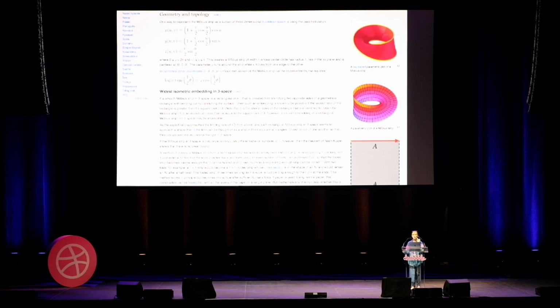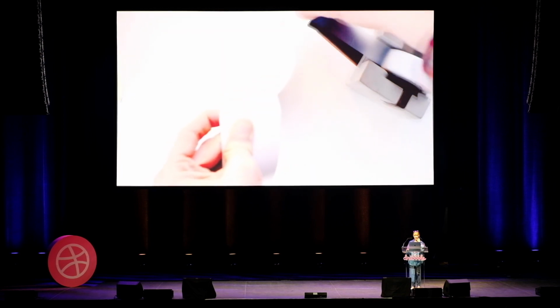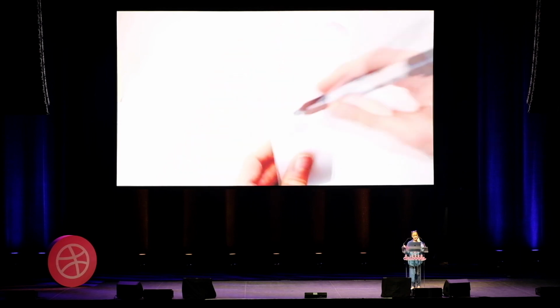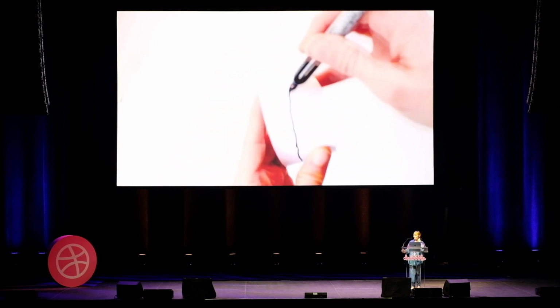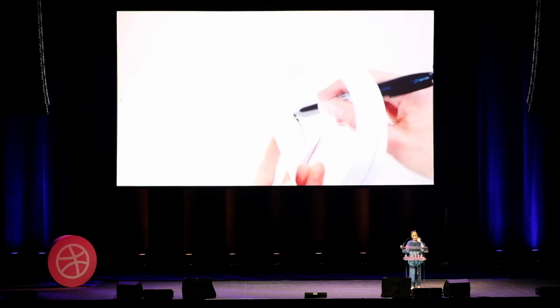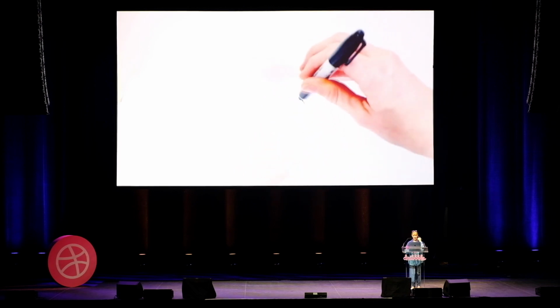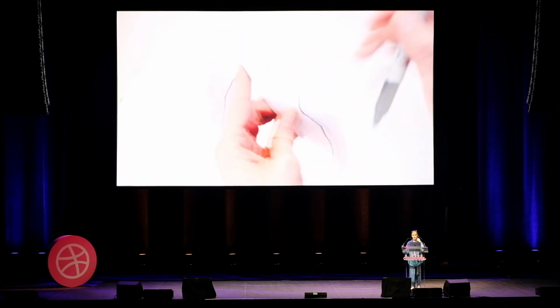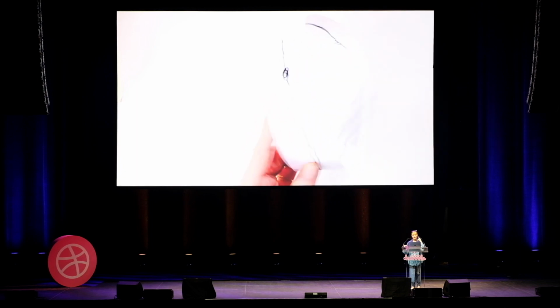This, for example, is one way of understanding a Mobius strip. But for anyone who has ever made a Mobius strip, you can basically take a strip of paper, twist it once, tape the ends together, and start drawing a line down the middle, and you'll find that that line ends in the same place where it began.